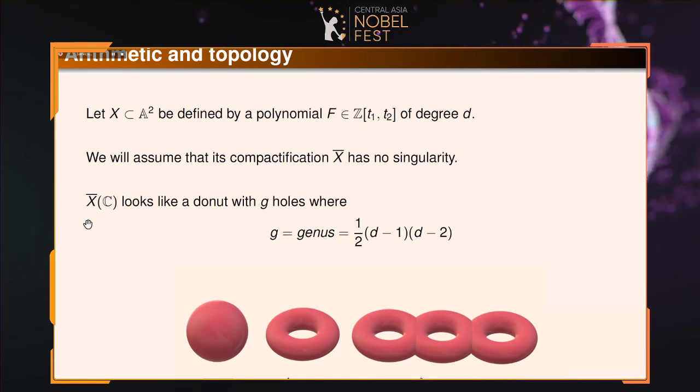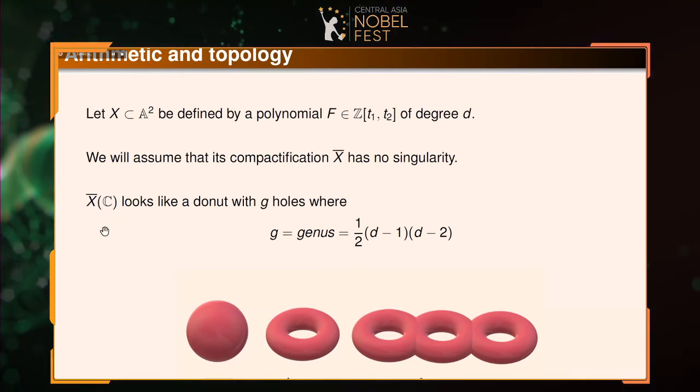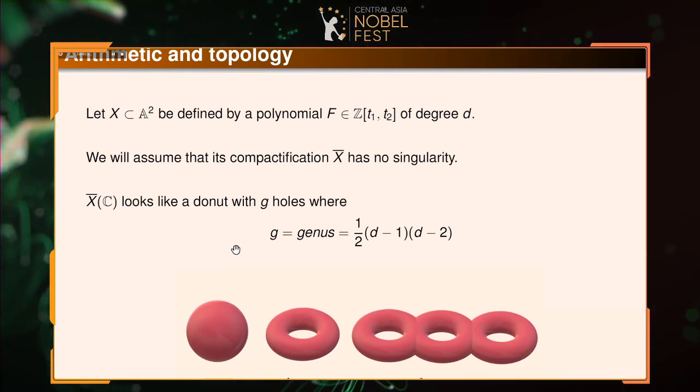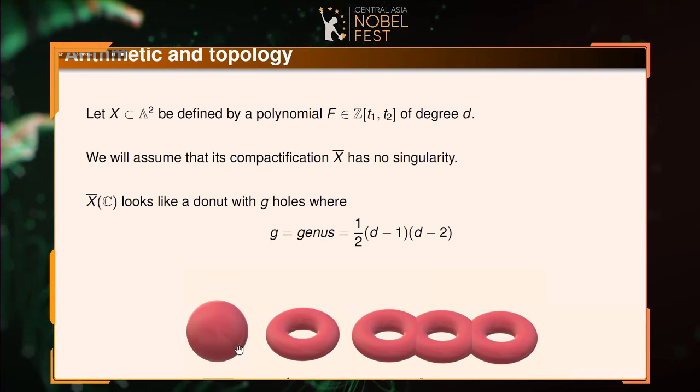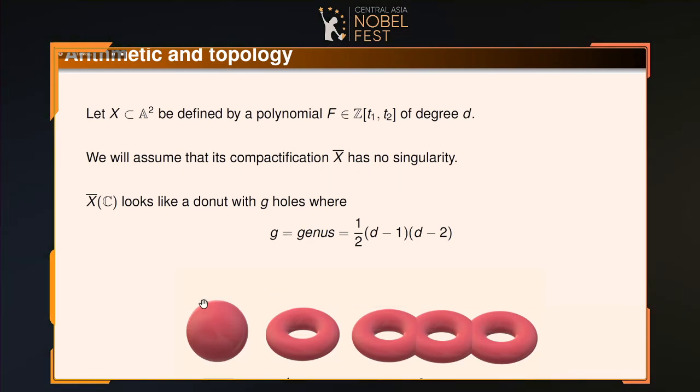Then this compactified version over the complex numbers actually looks like this. It is exactly one of this kind of thing, but there are infinitely many possibilities. It's either just a sphere, or a sphere with one hole in it, or a donut, or a donut with more holes on it, like three, or many more. So there are infinitely many possibilities here.